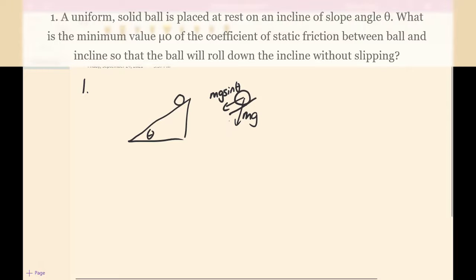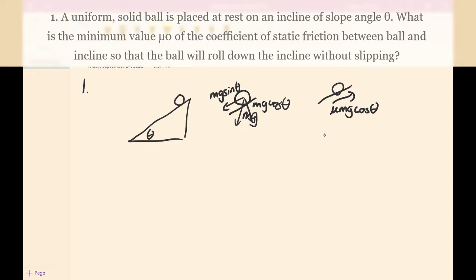And the component of gravity that is perpendicular to the incline would be mg cosine theta. And then, of course, there is going to be a friction force. Since the ball is rolling down, the friction force is going to be pointing up the other way. And this would be mu times the normal force, which is mg cosine theta, so it would be mu mg cosine theta.